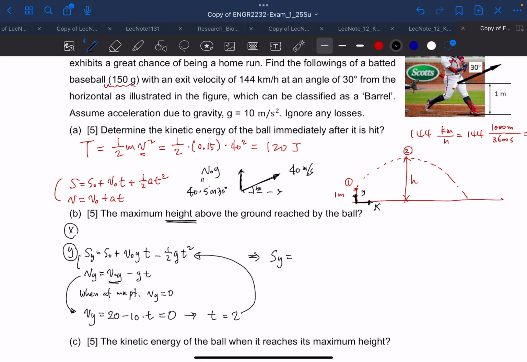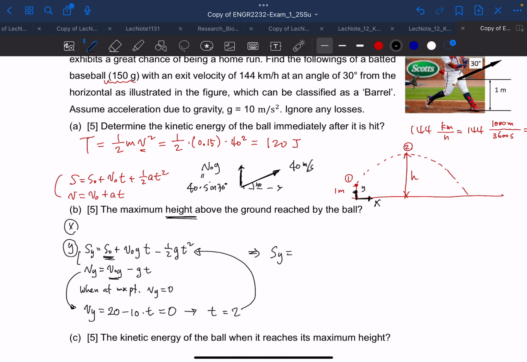The initial displacement, remember, it is flying from 1 meter above the ground, right? So that's going to be 1 plus V0y is 20 times 2 minus 1/2 times 10 times 2 squared.